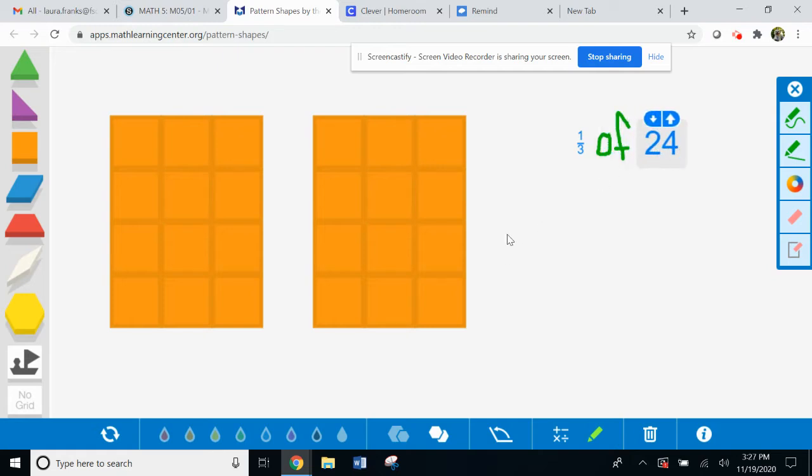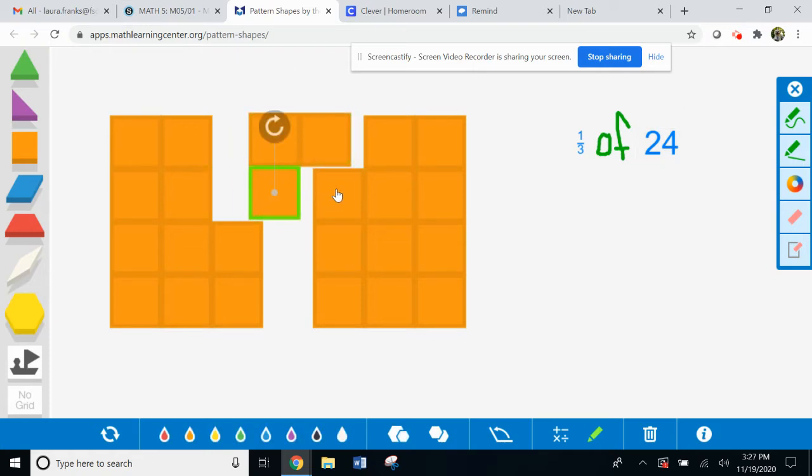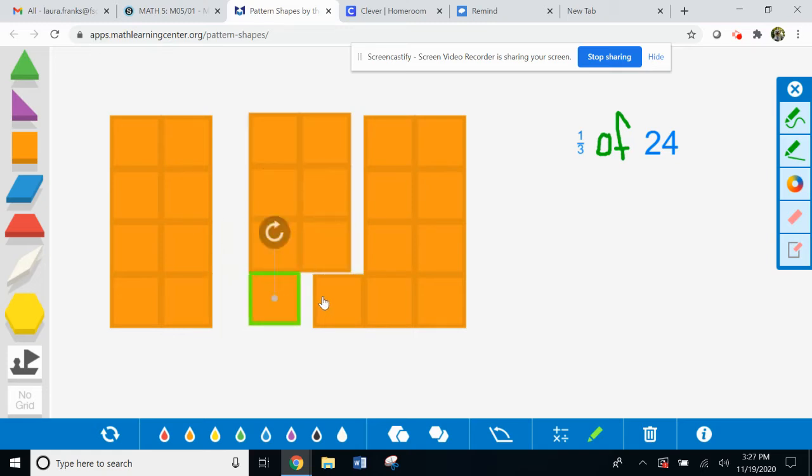So I want to find 1/3 of 24. Again, I would just look at this bottom number because that tells me how many groups I need to split my whole into. And then the top number tells me how many of those I'm focused on. So if I wanted to split this into 3 groups, they have to be equal groups. I might split them this way.